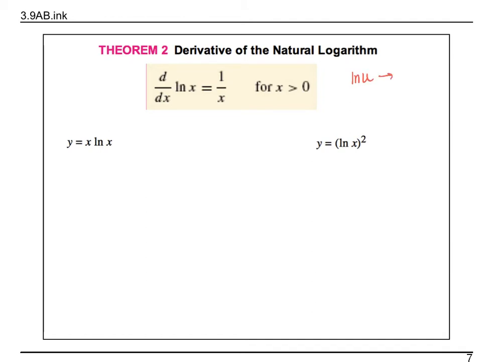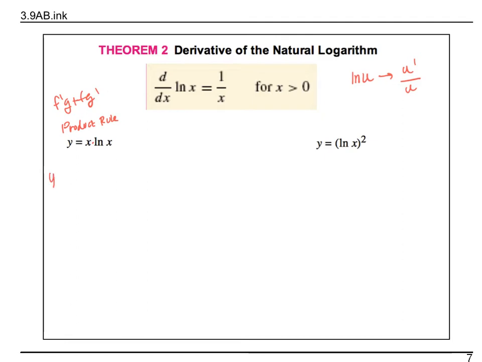So ln u, I like to use this arrow. It's not proper notation, but when I write the arrow, that implies that I'm showing you what the derivative is. So if we have y is equal to x times ln x, right? Remember to kind of say out loud where that multiplication is. Now I consciously see that I have the product rule, which means I have f prime g plus fg prime.